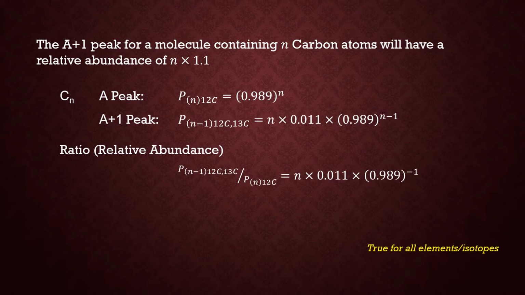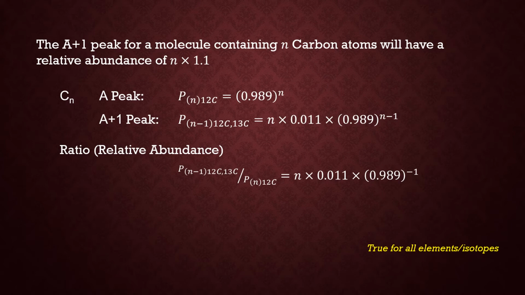The A peak is going to have a probability of 0.989 to the nth power. The A+1 peak, 1 carbon 13 and n minus 1 carbon 12s, would be n times 0.011 times 0.989 to the n minus 1 power.